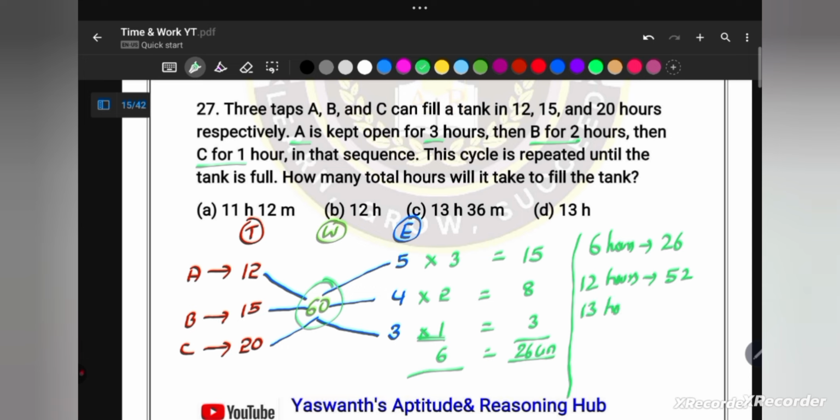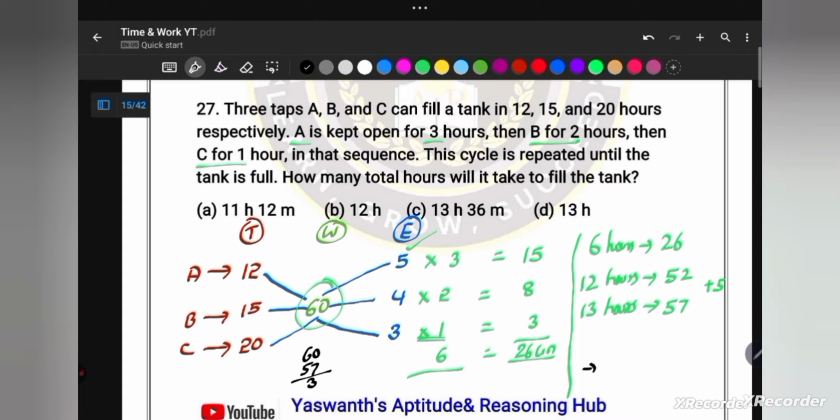In the next step, we'll be moving to manual calculation instead of the cycle. Work will be done by A, right? A will be doing plus 5, so we'll be adding plus 5. It will be 57. Now if you observe here, what is the remaining work? Out of 60, 57 is completed. Remaining will be 3.